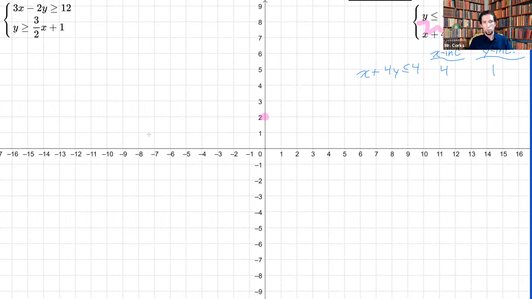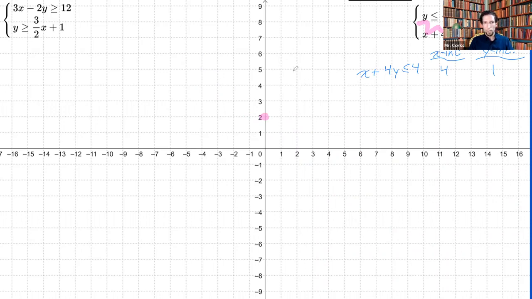And slope is -1/4. So remember, positive slopes look something like this. Negative slopes are going to be sort of going down as we move to the right. And slope of -1 would be exactly like this, 45 degrees. And this is -1/4, so less than that. Let's actually draw this properly.